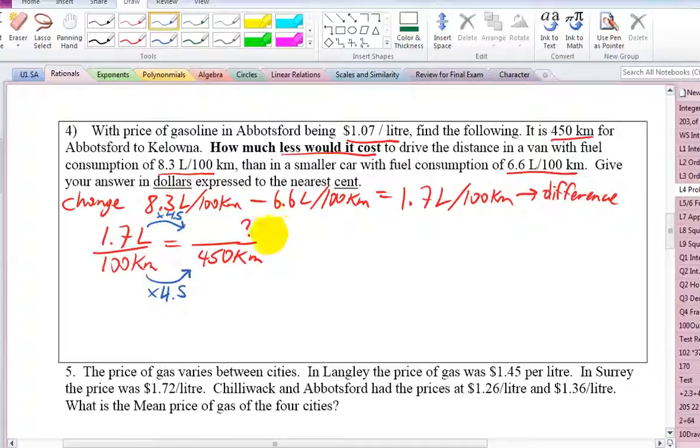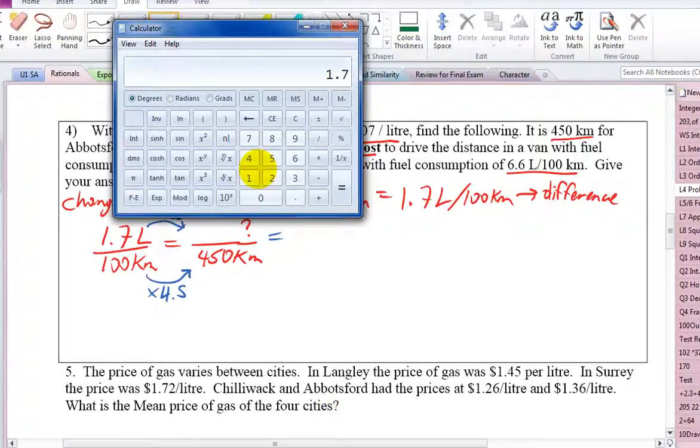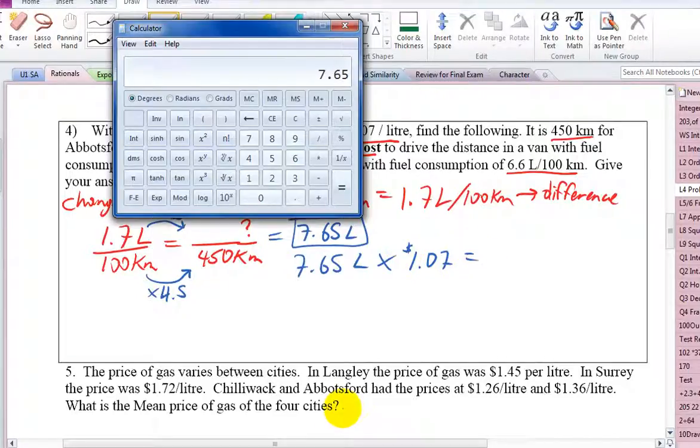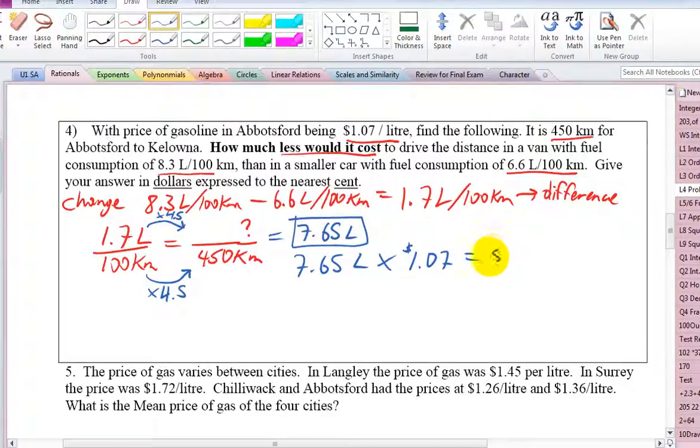And so this would then be 1.7 times 4.5, 7.65 liters of fuel. So that's how much extra to use the big gas guzzler. So we take this amount, 7.65 liters, and times it by the cost of $1.07, and that would equal $8.19.